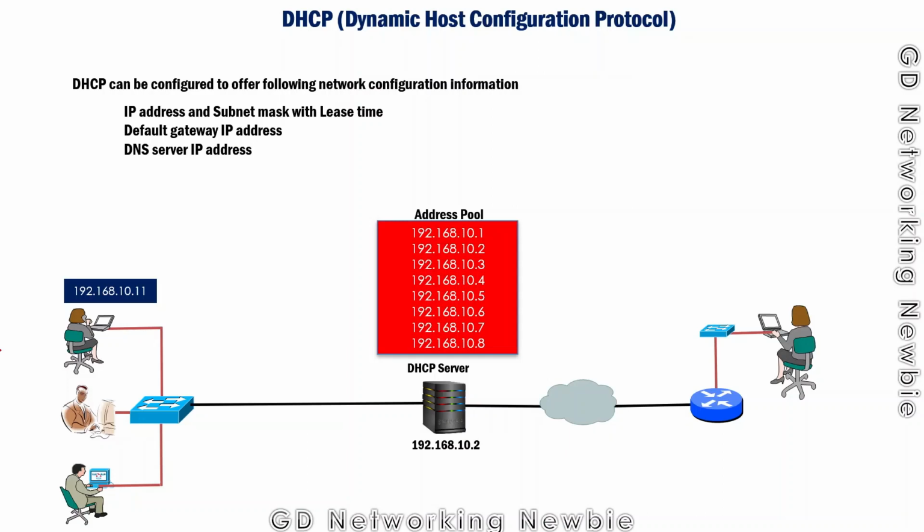Default gateway means if the computer wants to send data to some other network, to nodes which are not on the local area network, then it needs a gateway, a default router. That information can also be sent by this DHCP server. In addition to the IP address, it also assigns the subnet mask, gives the lease time in that message, and can also send the information about the DNS server.